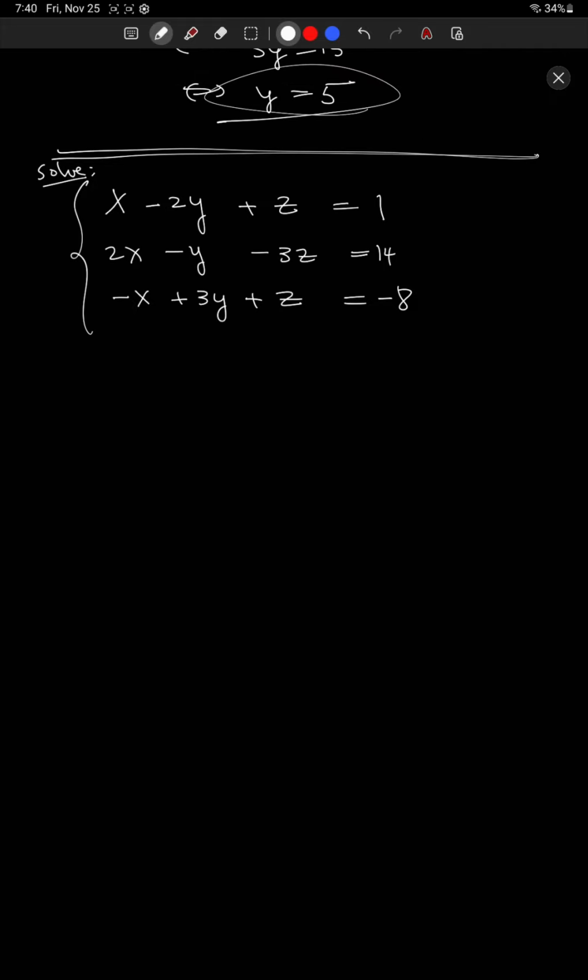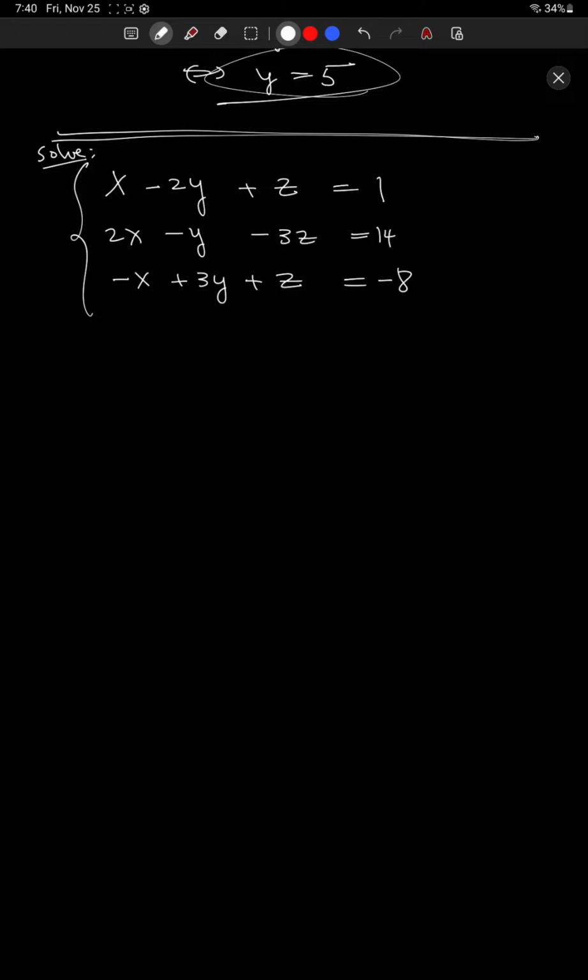Okay, so the way we're going to do this, again, is very algorithmic. We're not going to examine y and z and see how they interact and stuff like that. Actually, let me label these first, 1, 2, and 3. So we're just going to always start with equation 1.